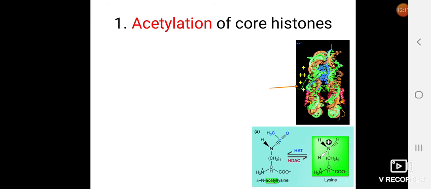So this is how acetylation is going to happen. You can see the lysine is acetylated by the acetyltransferase enzyme into epsilon-N-acetyl lysine.